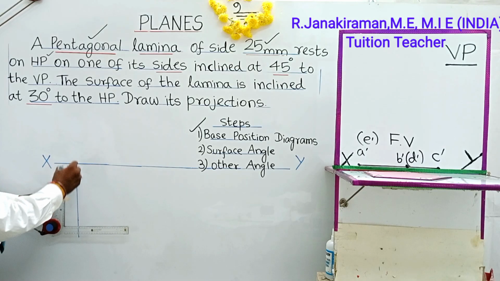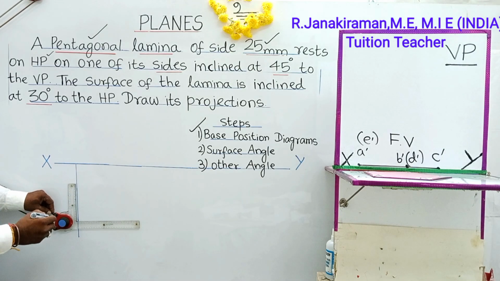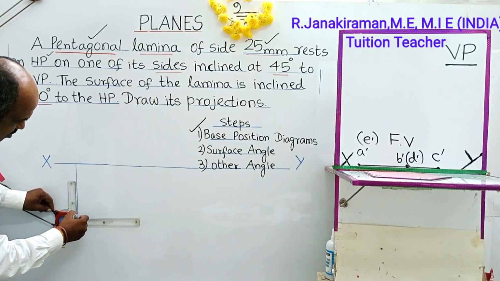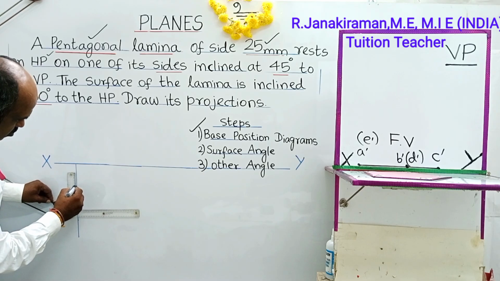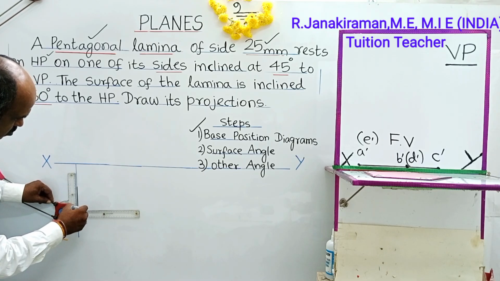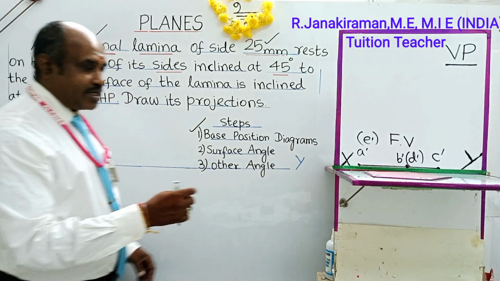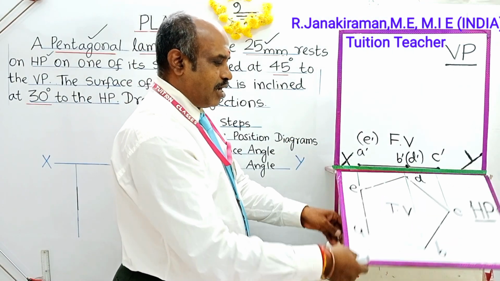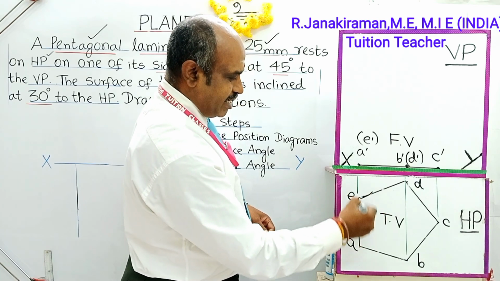On this vertical line, you mark a distance of 25 mm, that is 2.5 centimeter. So the pentagon is to be constructed. First, we are going to draw the top view. It appears like this. This line I have drawn.